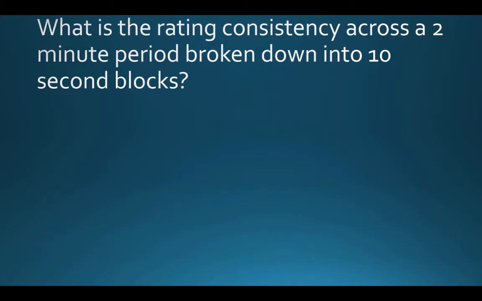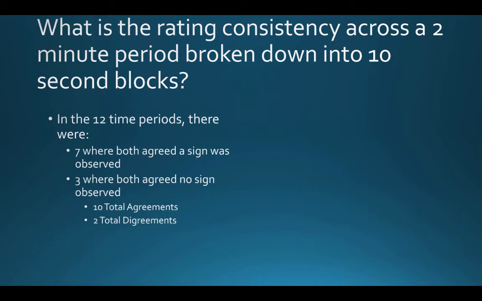So when we look at what is the rating consistency across a 2-minute period, broken down to these 10-second blocks, what we find is there were 7 where we both agreed, 3 where we both agreed, 1 was yes, 1 was no. Okay? So what you want to remember there is it's not the total number of positives or the total number of negatives, it's the total agreements. And so there were 10 total agreements and only 2 disagreements.